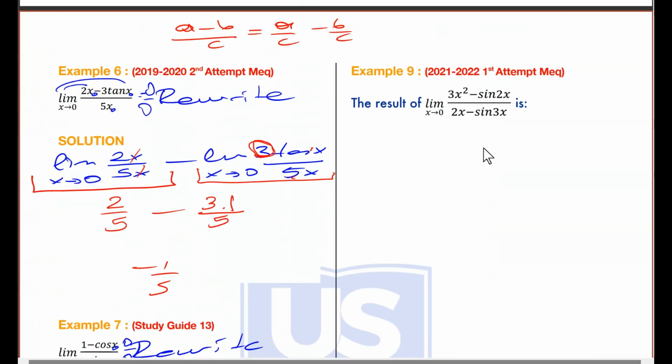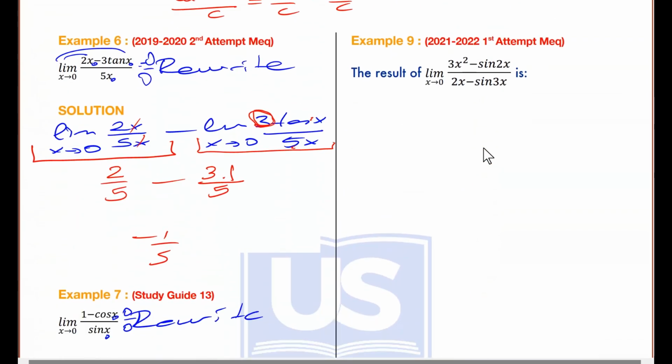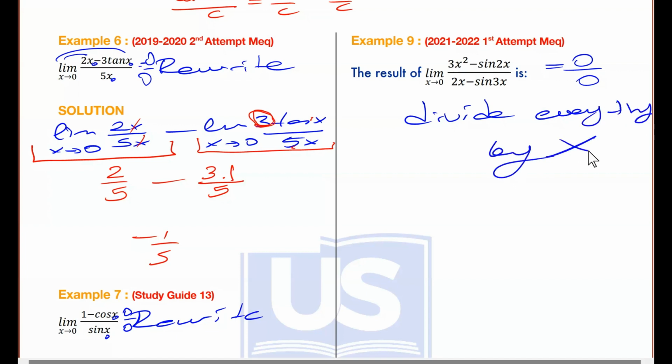Now, one last question. Another ministry question requires using the same idea. For such complicated questions, whenever you have 0 over 0, then you divide everything by x. That's the way, like we did here in the study guide question. Okay, let's start solving.